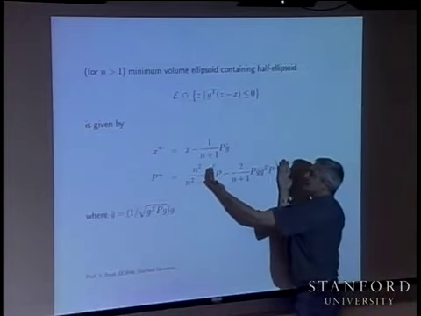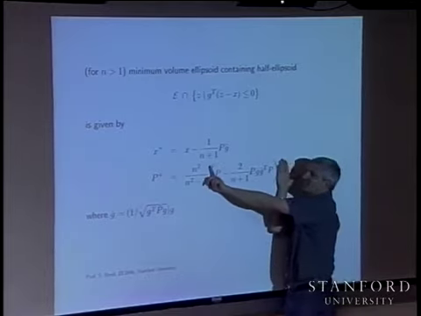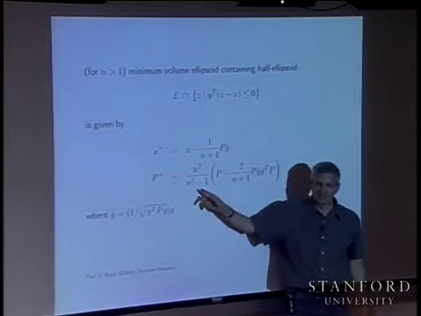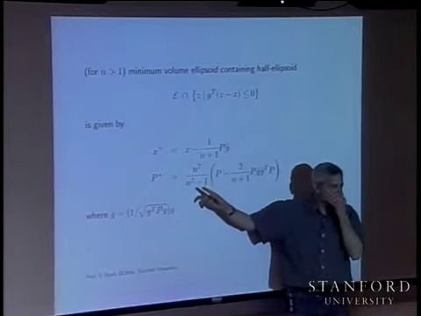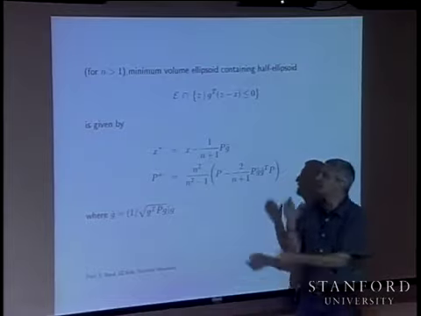That's the good part, where P gets smaller. Then you multiply by this, and the ellipsoid increases.